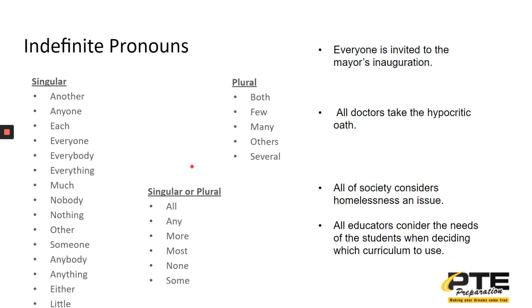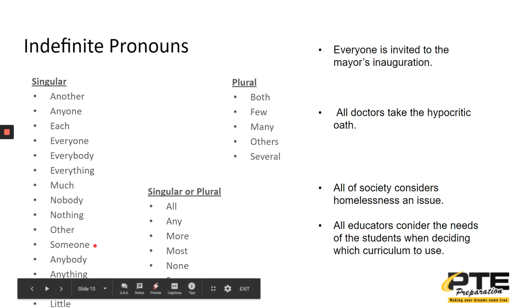Here's an example of indefinite pronouns. Your singular indefinite pronouns are, just for example, another, anyone, each, everyone, everybody, everything, much, nobody, nothing, other, somebody, anybody, anything.